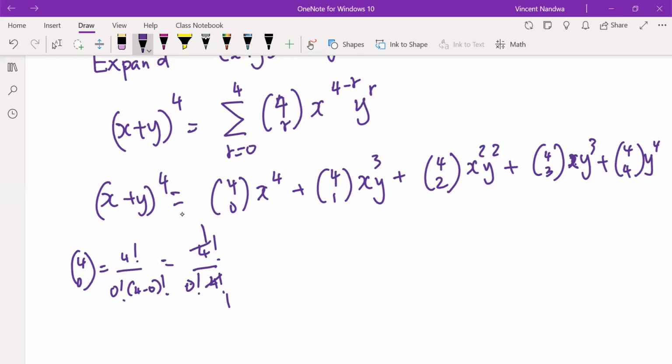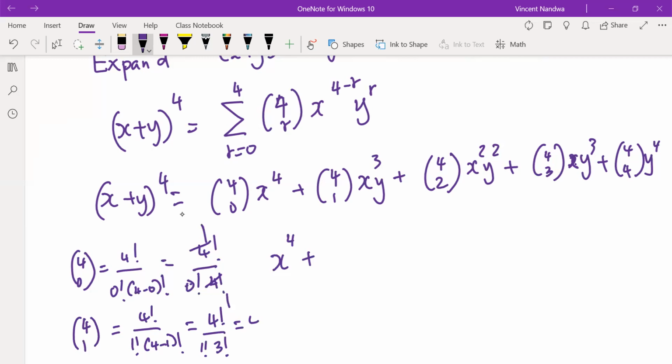So here we'll have just x power 4 plus 4 combination 1 means 4 factorial over 1 factorial times 4 minus 1 factorial. So 4 factorial over 1 factorial times 3 factorial, which is 4 times 3 factorial over 3 factorial. So the answer will be 4x cubed y.